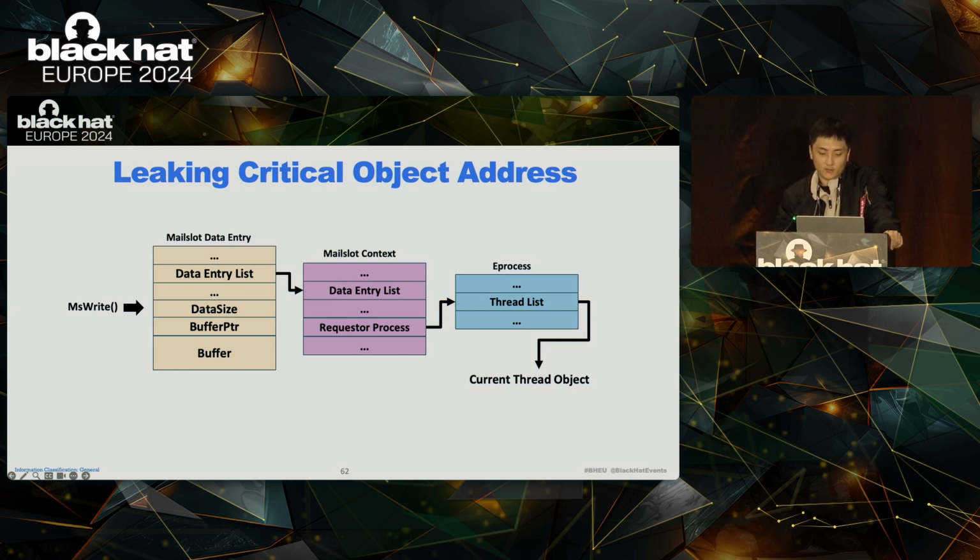Since mail slot data entry is a linked list structure where entries are linked to the mail slot context object, reading the data entry list member allows you to obtain the address of the mail slot context. The mail slot context object stores the address of the process object of the thread that created the mail slot. This enables us to obtain both the process and the thread object addresses, which can then be used for token swapping or something.